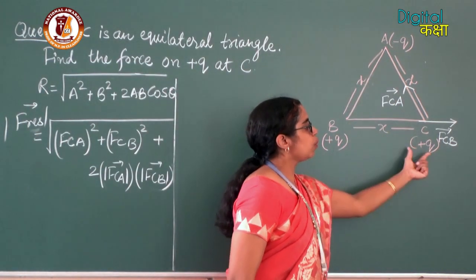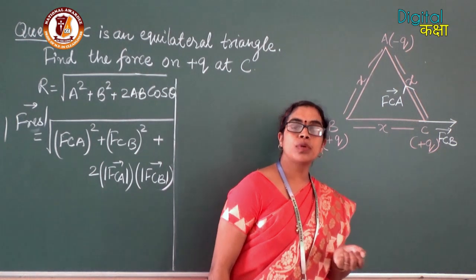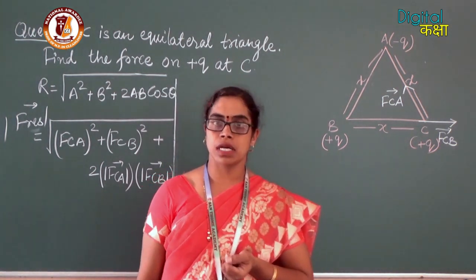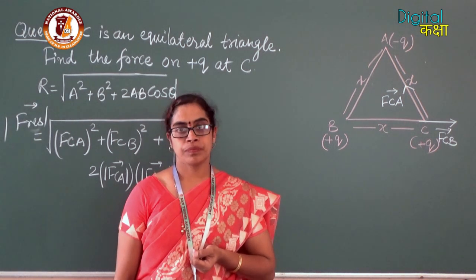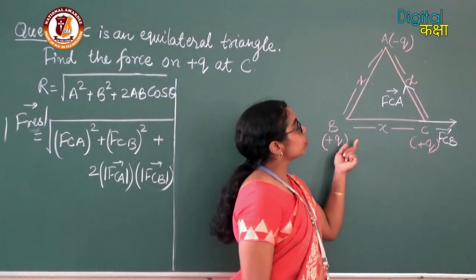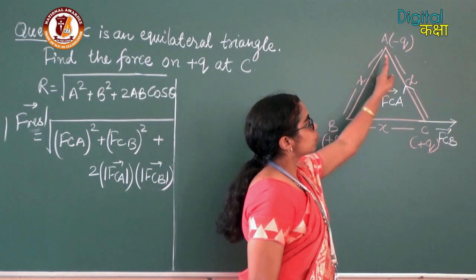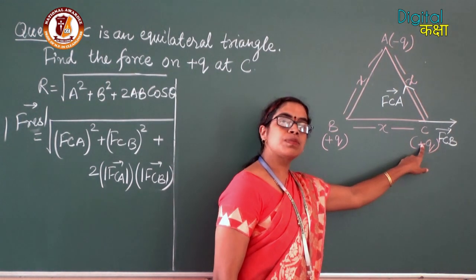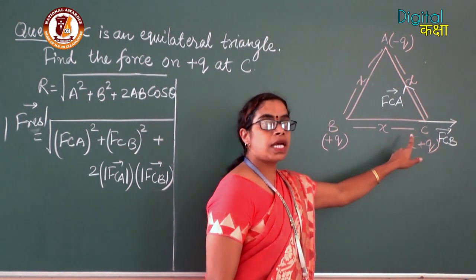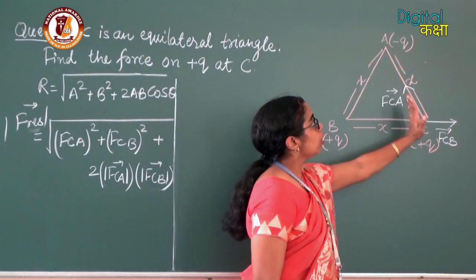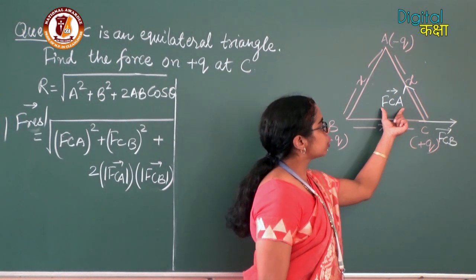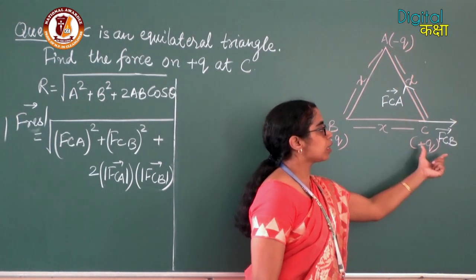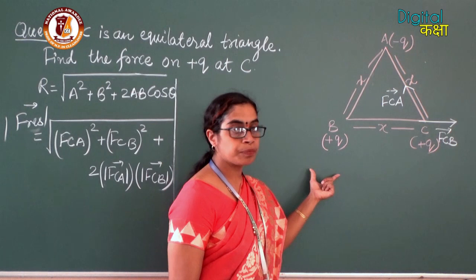Since minus Q and plus Q are opposite, or I can say unlike charges, they have the tendency to attract each other. That is why the force which the minus Q charge will exert on this plus Q charge will be directed towards A or towards minus Q. So these are the directions of the two vectors which are required here in the question.